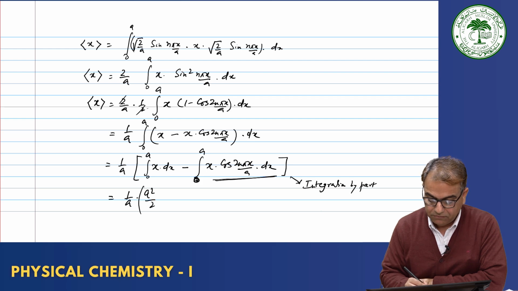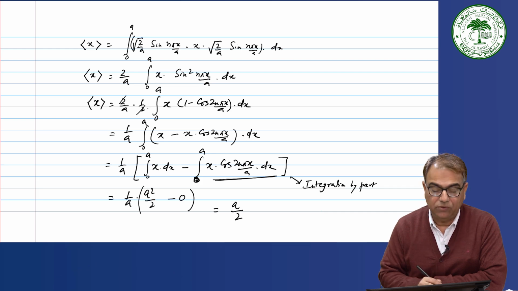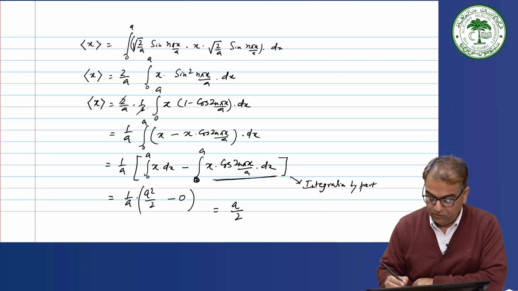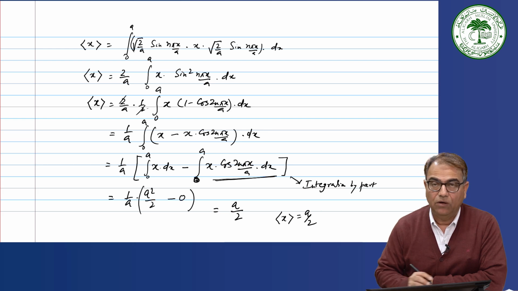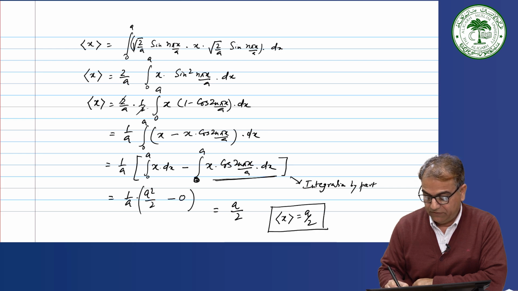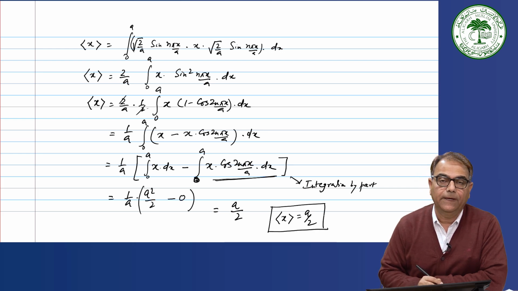Okay, and if you do it, you will find that this comes out to be 0, and so the value becomes equal to a divided by 2. So the average value of the position is a divided by 2. Okay, this we can do.